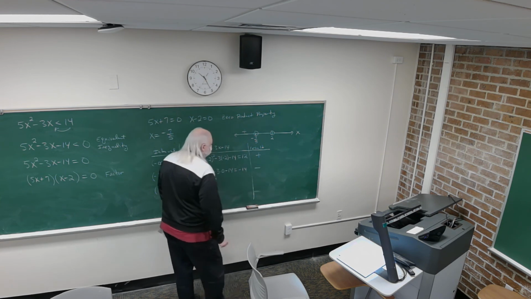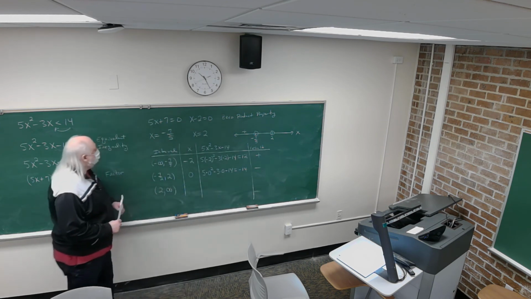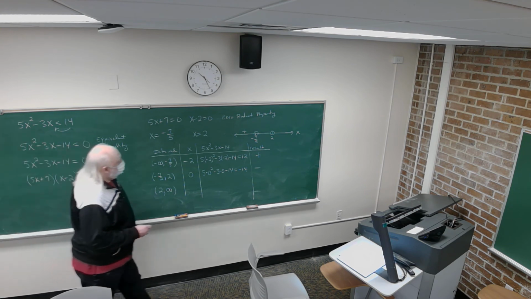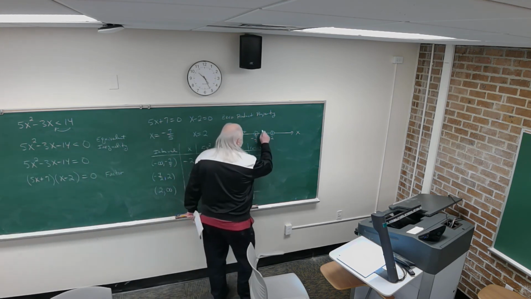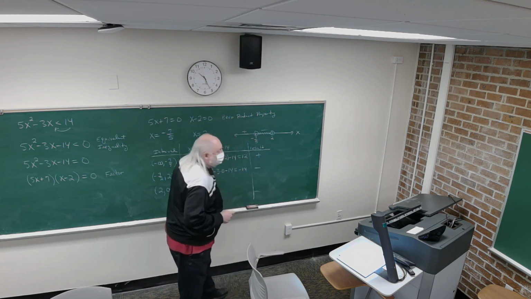So what that tells me, any real number greater than minus 7/5 and less than 2, put in for x over here on the left-hand side, will make the left-hand side less than 0. Because negative numbers are less than 0. Okay. So these numbers work. Numbers between minus 7/5 and 2 work.